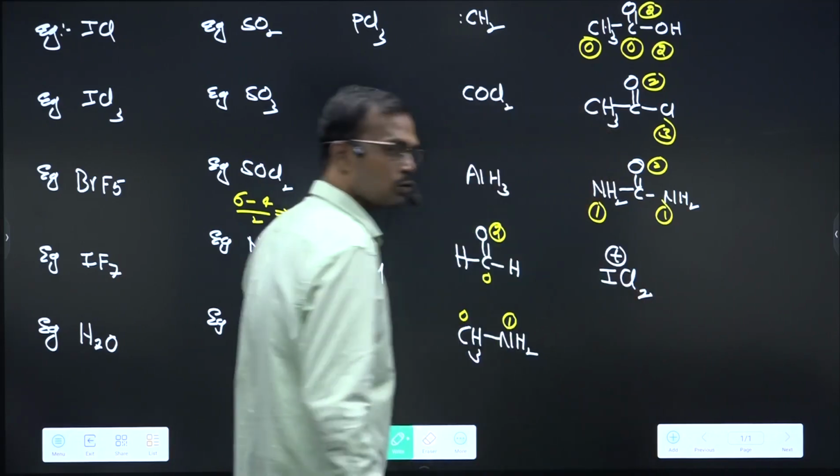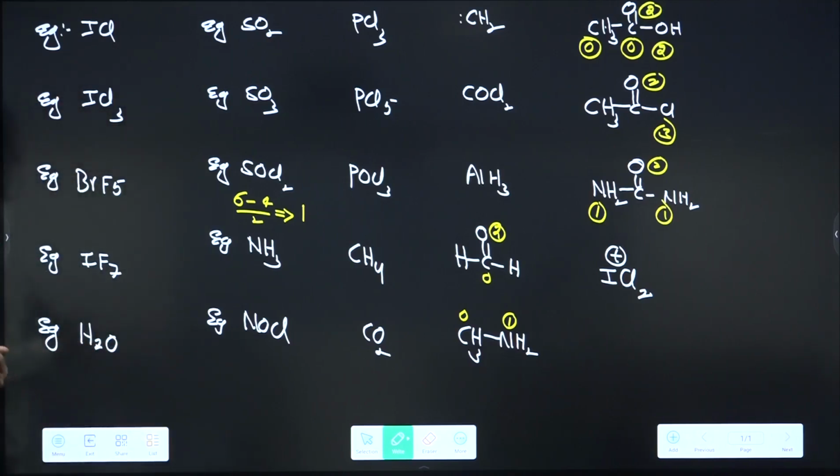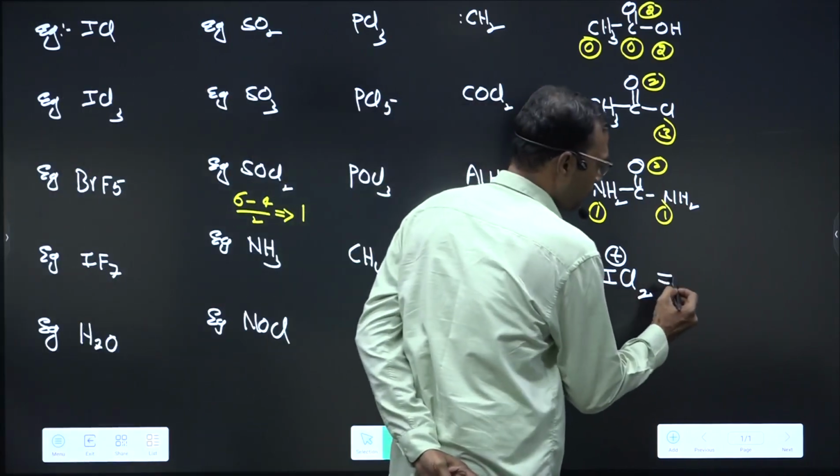ICl2 plus. Now, what is the group number of iodine? 7.